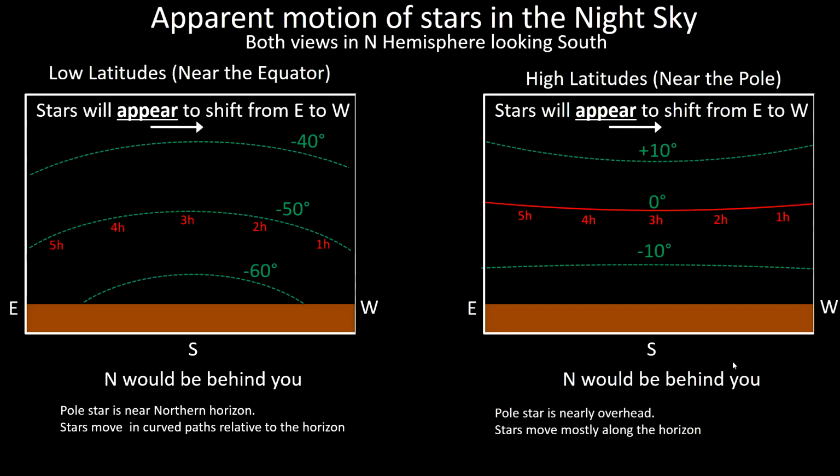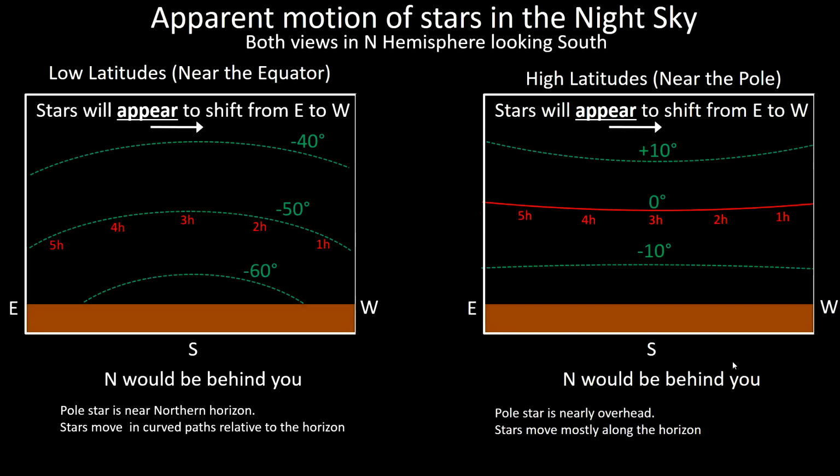We are not in that circle around the pole where the sun never sets, or at least doesn't set except seasonally. So we will see the east-west motion, but now the curves mean that things will rise in the east and they will set in the west. The stars, the sun, the planets, everything will rise in the east and set in the west. Okay, there'll be slight variations that we'll discuss in a second, but the basic pattern is still the same.